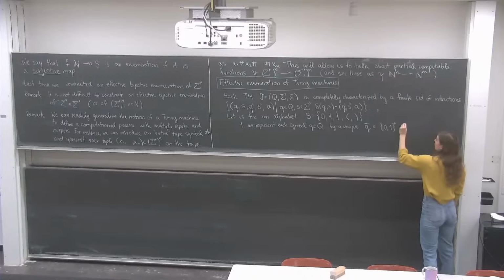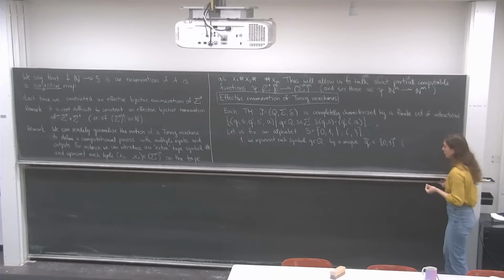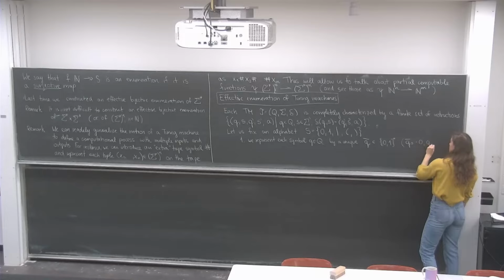For instance, with the following convention, that q0 bar will always be 0 and q halt bar will always be 1.